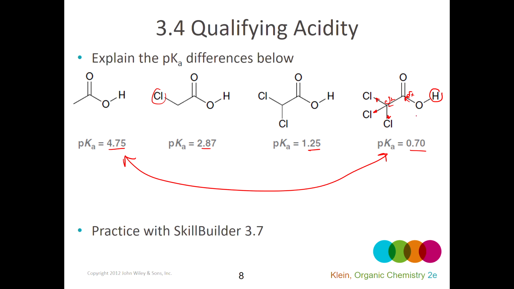It's a stronger acid because that negative can also be stabilized through induction and not just resonance. And the difference is not big. It's only a 4 pKa unit, but that means it's really 10 to the 4th times stronger, or 10,000 times stronger. So it's still creating a pretty significant difference between the acidity of those two structures.